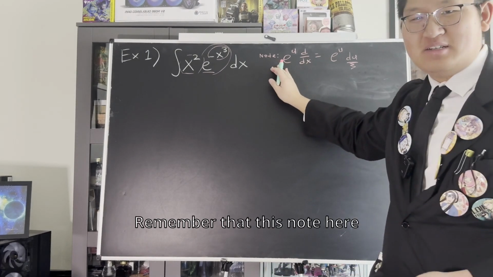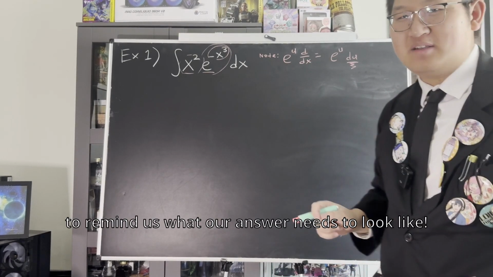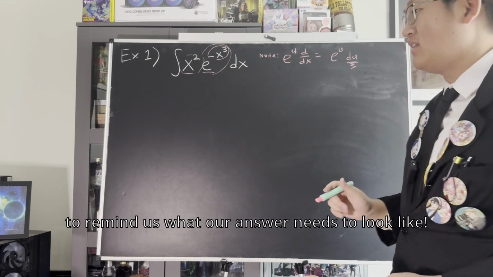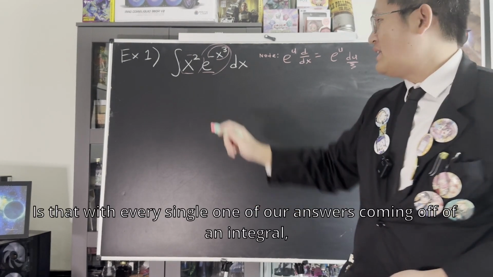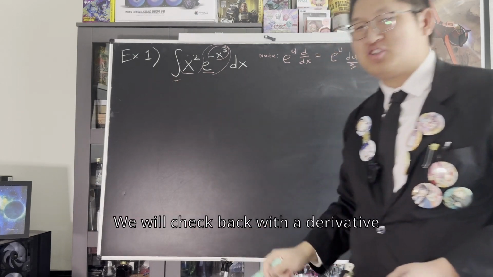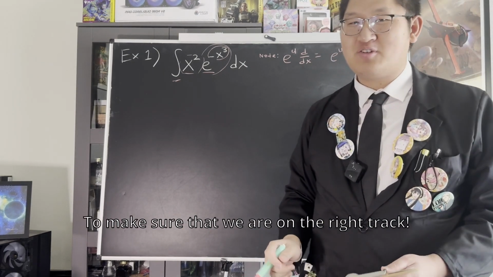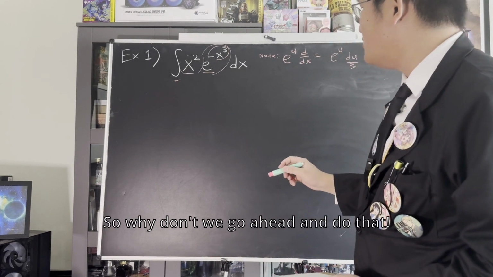Remember, this note here for our derivatives is a good way to remind us what our answer needs to look like. Always remember that with every single one of our answers coming off of an integral, we will check back with a derivative to make sure that we are on the right track. So why don't we go ahead and do that?